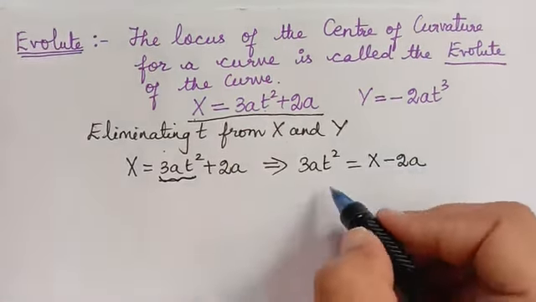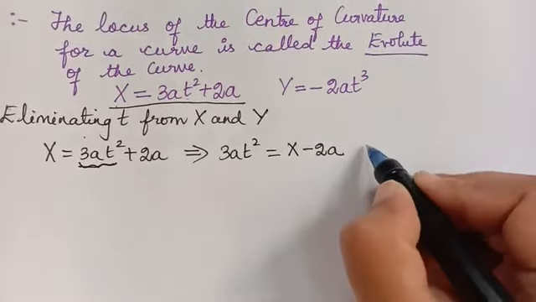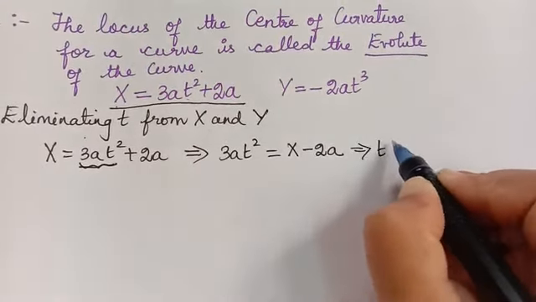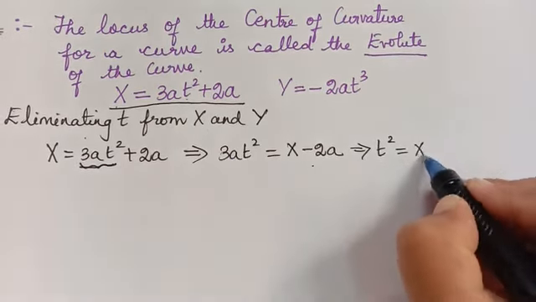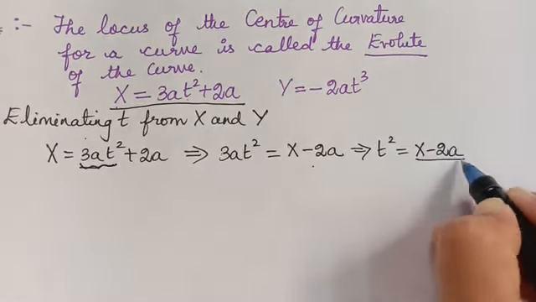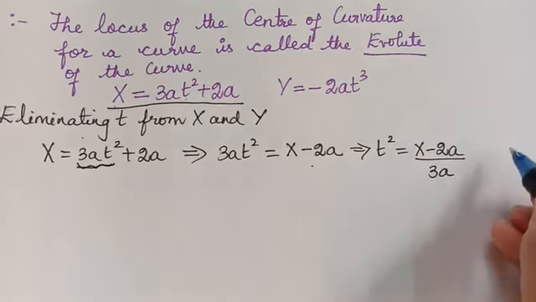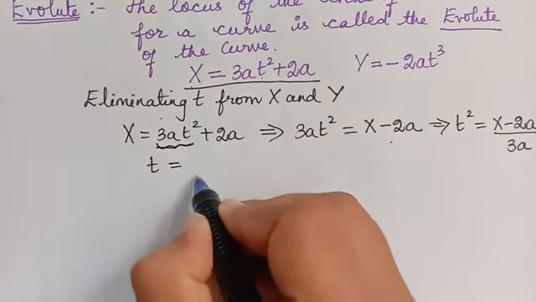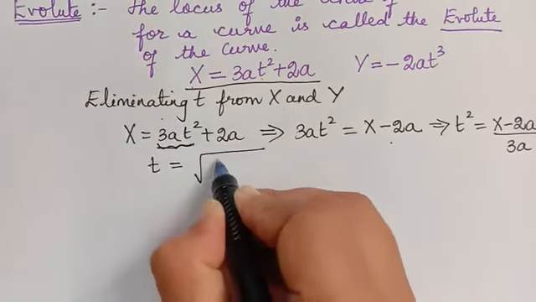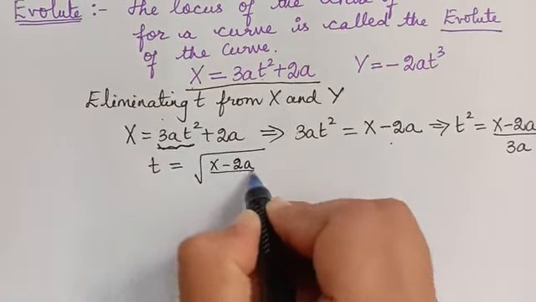Now from this we will get t squared. Bringing this 3a to the denominator, it will be x minus 2a divided by 3a. So t will be equal to the square root of x minus 2a by 3a.